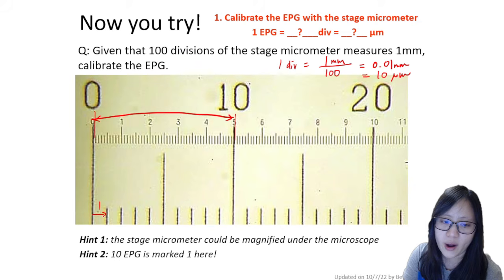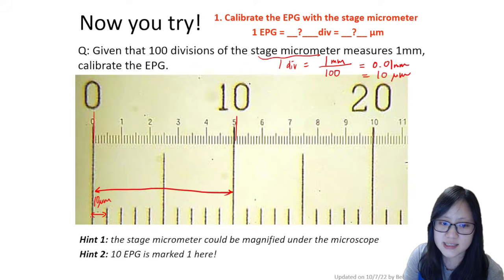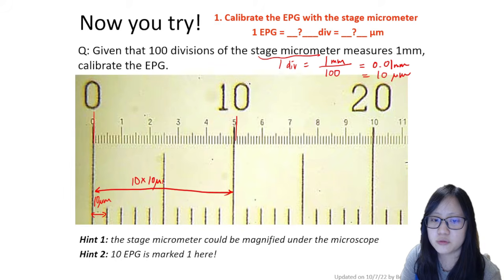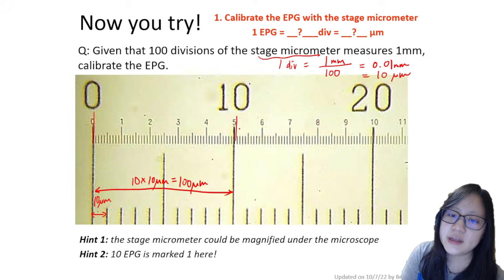Therefore, 10 divisions on the stage micrometer. Okay, maybe I should have drawn it like here, because this is 10 micrometer. This is 10 times 10 micrometer, which is 100 micrometers. Let's look at how many EPGs that lines up with.